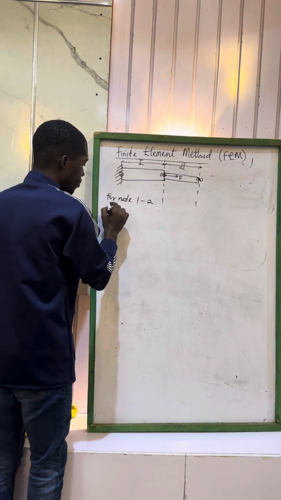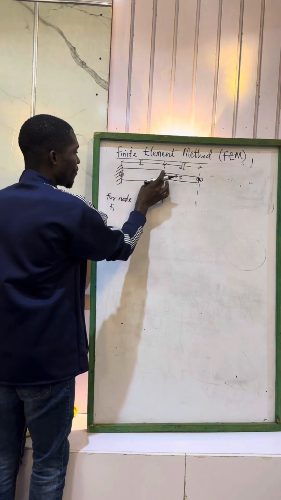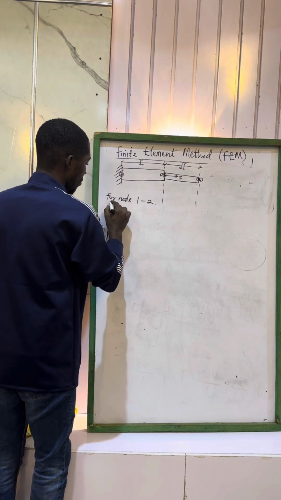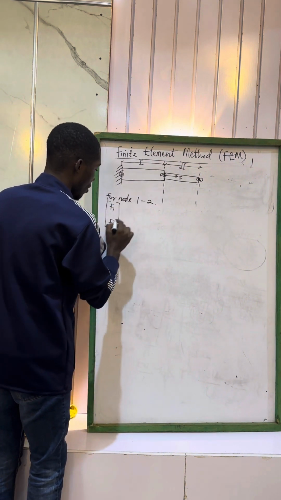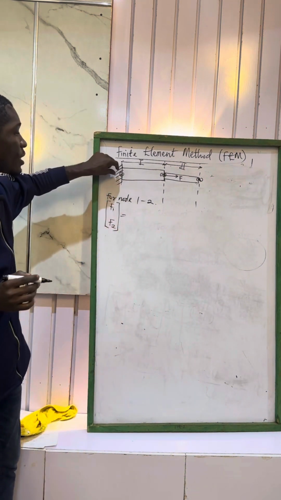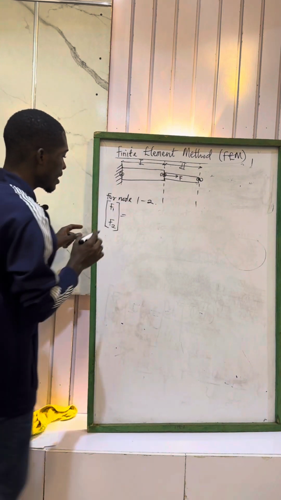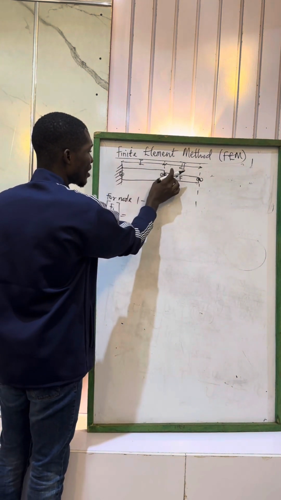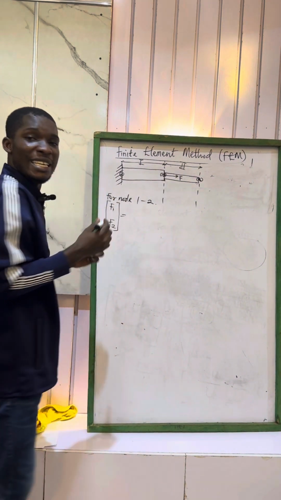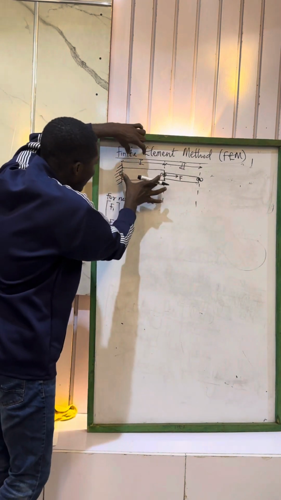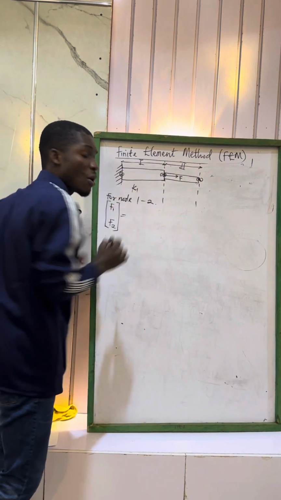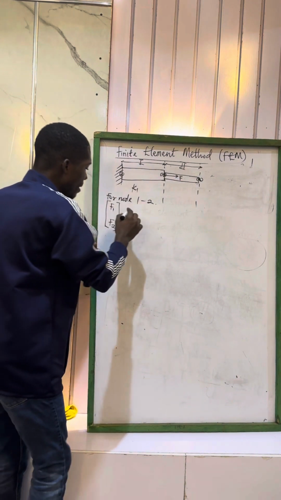Let's call the force here F1 and the force here F2. Follow me. If the force here is F1 and the force here is F2, the spring stiffness acting on this element itself, let's call it K1.